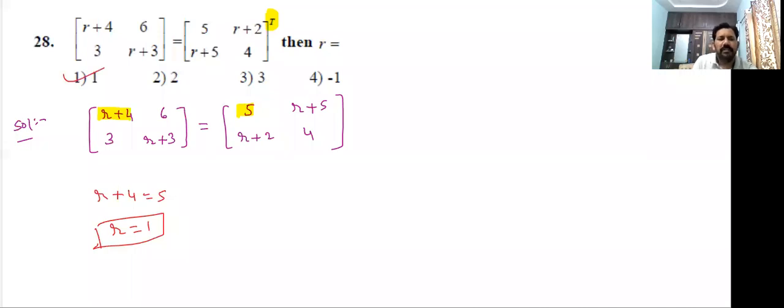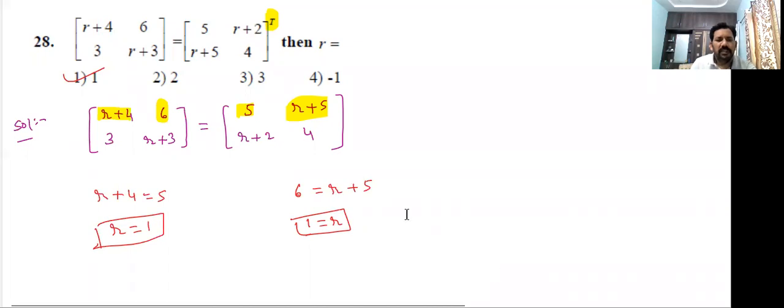If you are getting doubt, take another element. 6 is equal to R plus 5. Then what is the R value? 1. Don't compare the remaining, you'll get the same answer. Okay?